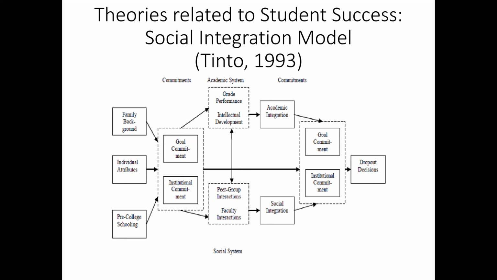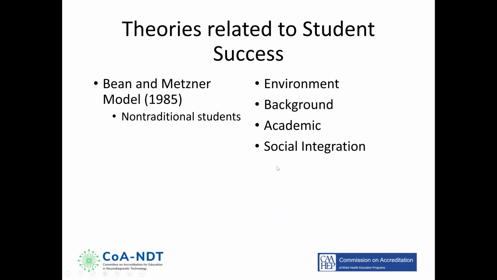Our students are goal oriented. They're not coming in saying, I don't know why I'm in this program, I've got to find what I want to be. They know they want to be a neurodiagnostic technologist. So it's about identifying those things and trying to prevent them from getting to that dropout decision.